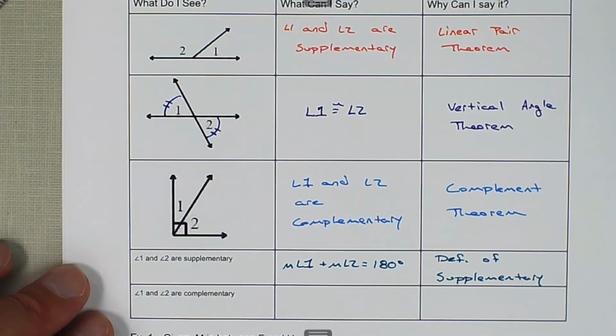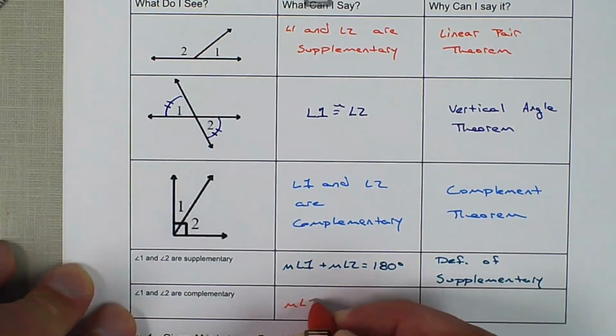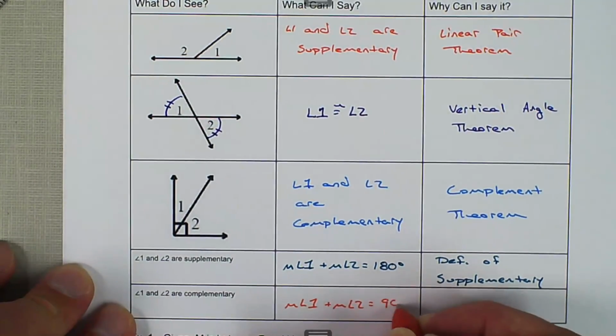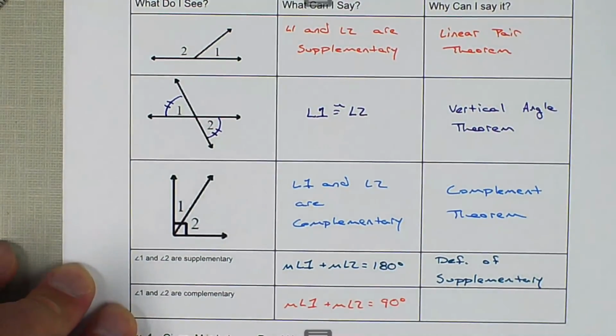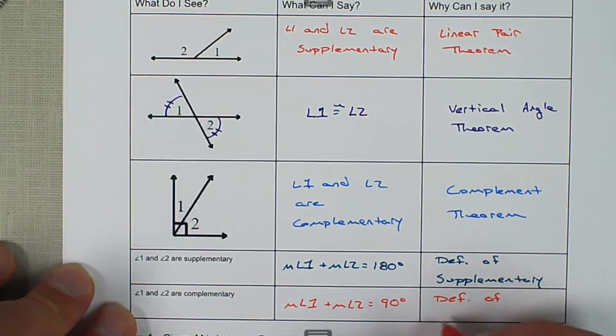The next one, we have angle 1 and angle 2 are complementary, and that's a similar thing, where the measure of angle 1 plus the measure of angle 2 are now equal to 90 degrees. And that is definition of complementary.